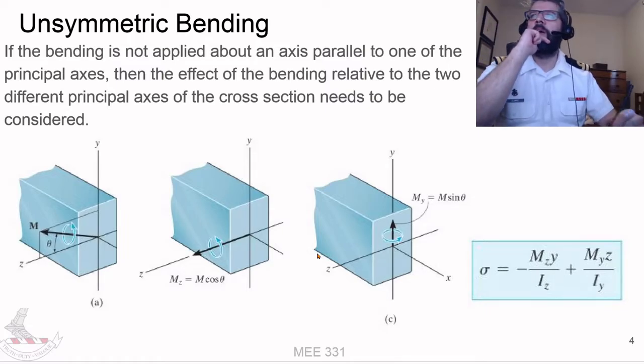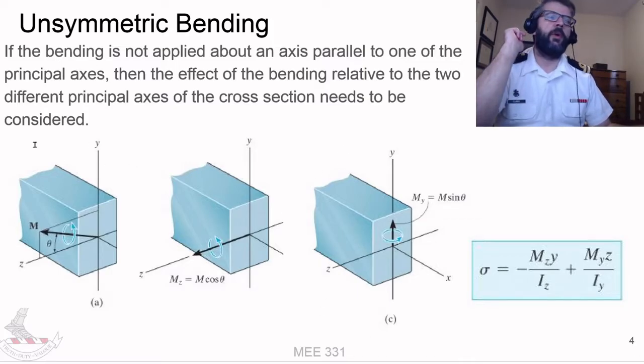If it isn't, then essentially what we need to do is figure out what it would be for one of them and add it to what it would be for the other, and then we get the combined factor.